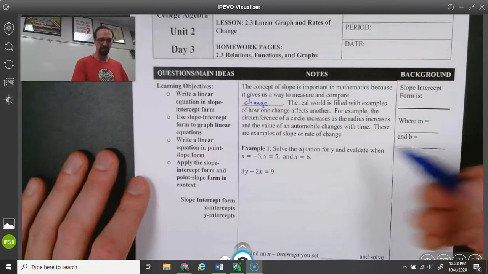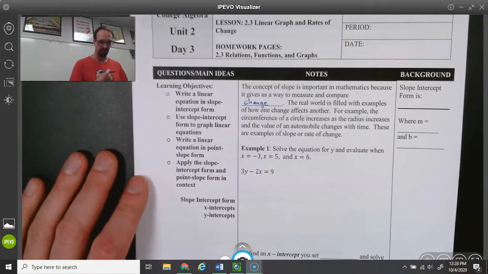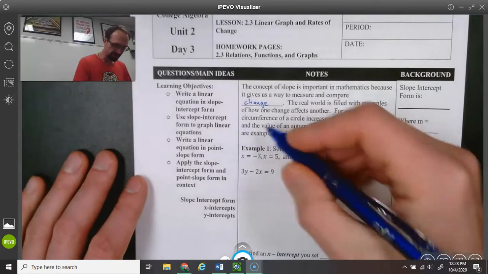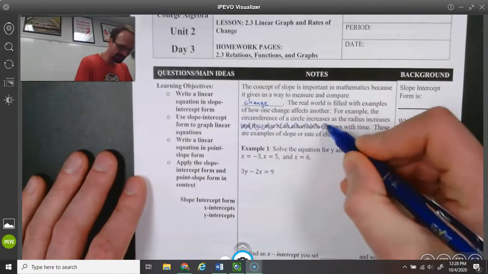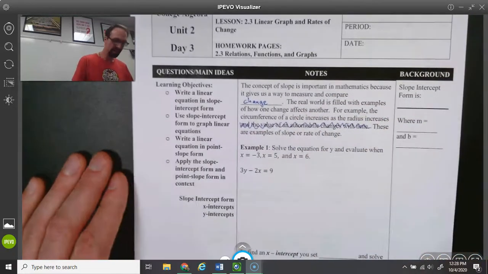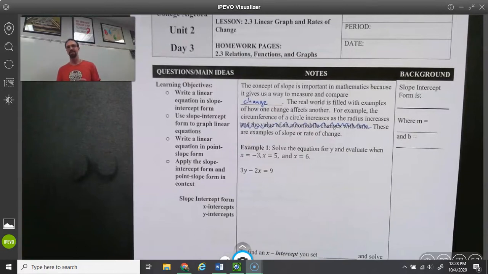And then I gave you an example here. The circumference of a circle increases as the radius increases, and the value of an automobile changes with time. That is combining two examples. So we're going to just ignore this last part, because there should be another break in the sentence.